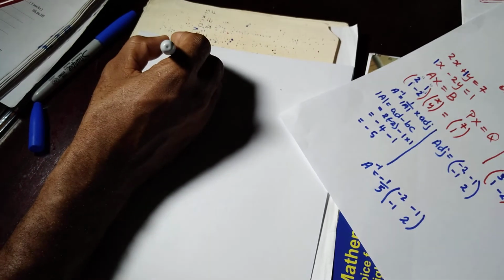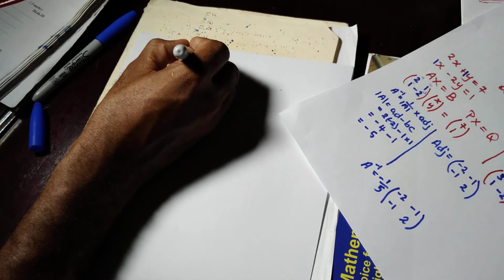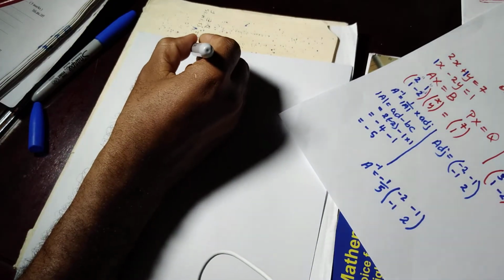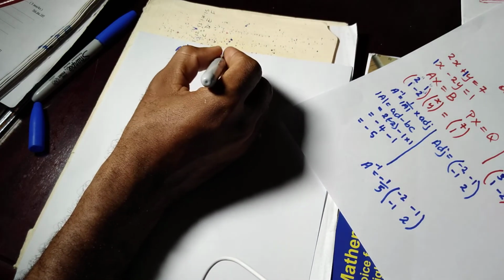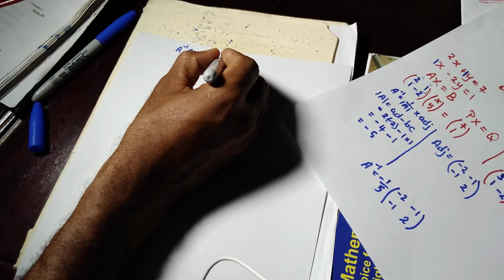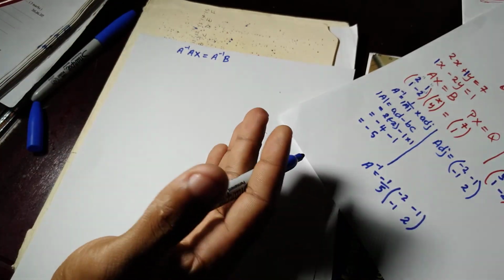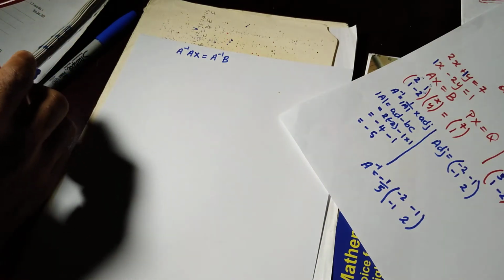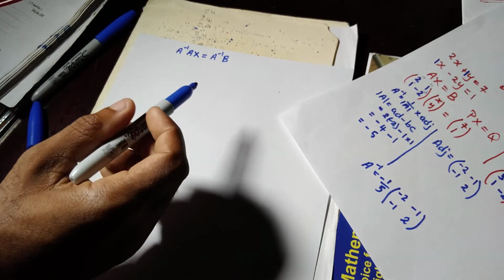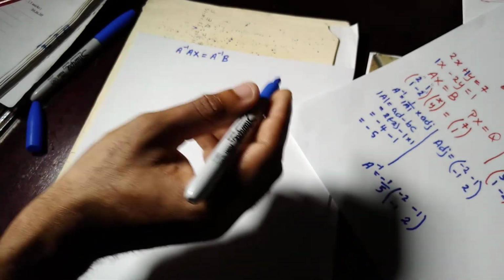So multiplying both sides, I'm going to have A inverse times A x equal to A inverse times B. Make sure that when you're multiplying the right hand side, you put the inverse in front of the B, the 2 by 1 matrix, because remember, you need the number of columns of the first matrix to be equal to the number of rows of the second matrix. I'm going to show you that in a while.